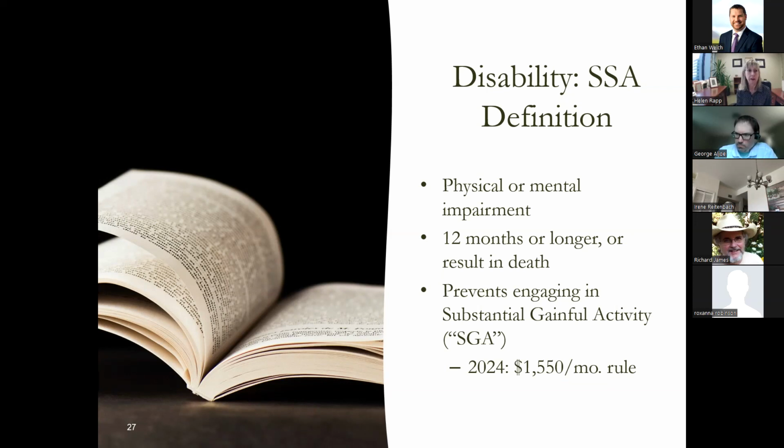And that can be terribly frustrating and seem to not make much sense. You're in a wheelchair, you're clearly disabled, but if you're making more than SGA, you're not disabled in the eyes of Social Security. Okay, next slide.